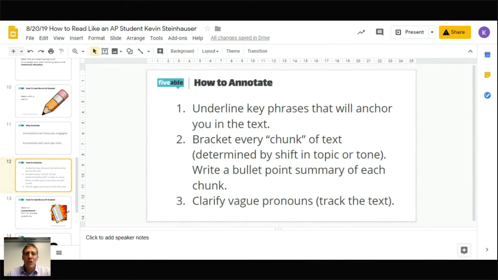Well, clearly there are going to be shifts in topic or tone. You've got to identify them. Once you do, bracket it, throw in your quick summary. Therefore you don't have to read lines 10 to 20. You just look at what you wrote in the margins. That's actually going to save you time.